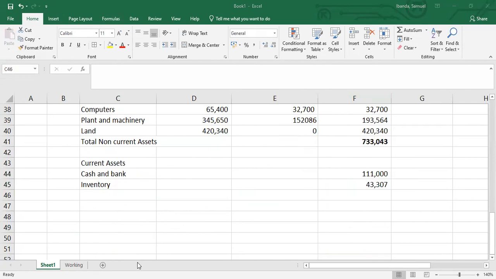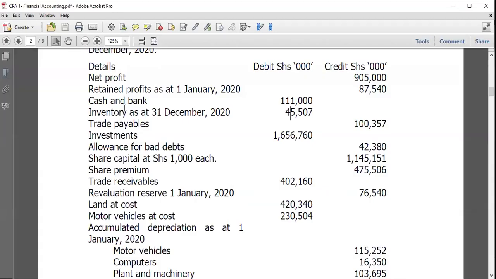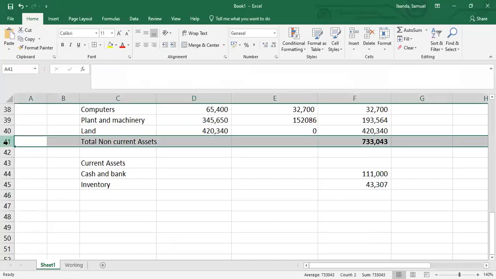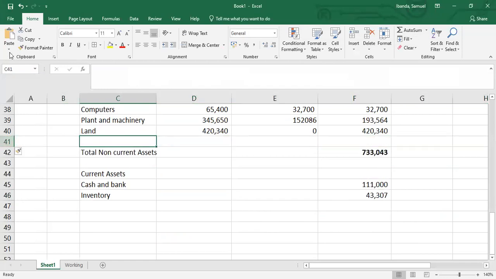Let's just look through this information and see if we have expanded. So we have inventory and we have trade payables, then we have investments. Oh, okay, I just left out investments. Now, investments are mostly classified under non-current assets, because in most cases you'll be able to earn from them in a period that is more than 1 year. So they are usually recorded under non-current assets. So just allow me to add a column here and include them, since I'd left them out.